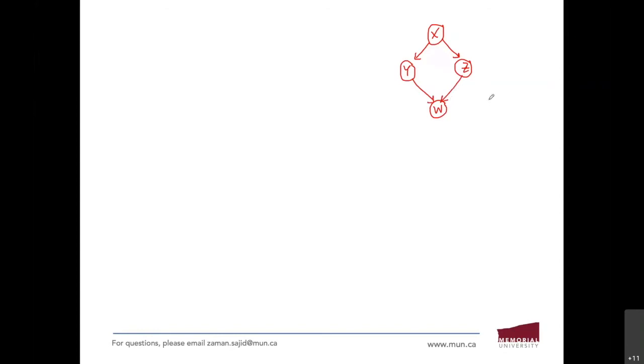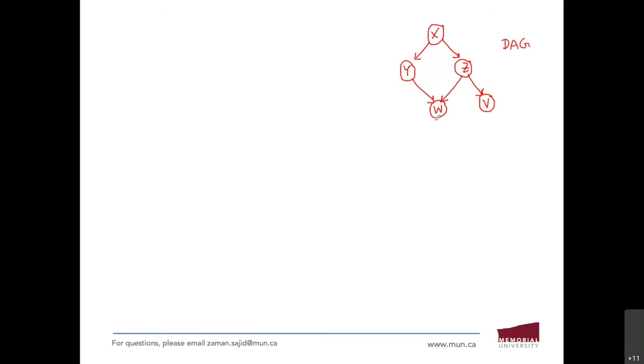And then we have a variable V as well, whose parent is Z. For example, we have a network and we want to learn the Markovian condition in this. Now, a couple of things you need to keep in mind. This network is a DAG, a directed acyclic graph. There is no cycle in the graph here.